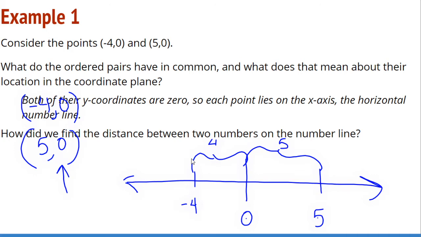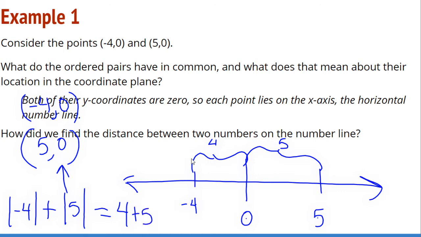So what I'm doing is taking the absolute value of -4, and I am adding it to the absolute value of 5. Remember we did that whole thing about absolute value being the distance from 0. If I can find their distances from 0 and combine them, then I can know their distance apart. They are 9 units apart.